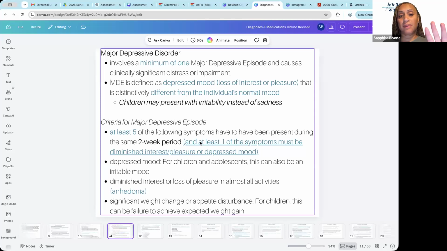But it has to be at least 5, has to be within the same 2-week period, and at least the diminished interest or the depressed mood has to be present, in addition to 4 other ones. So we have to have appetite, sleep, energy, fatigue, all those things.